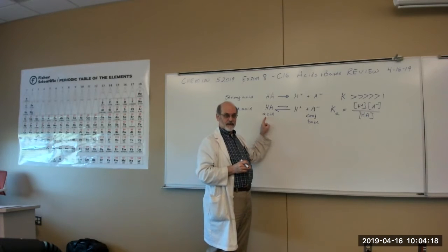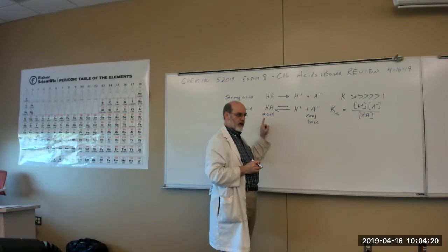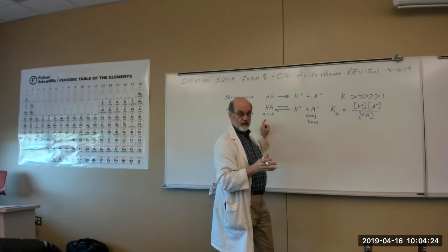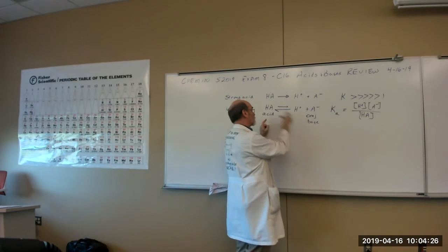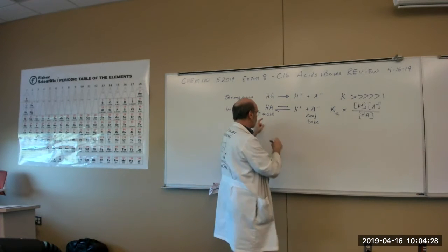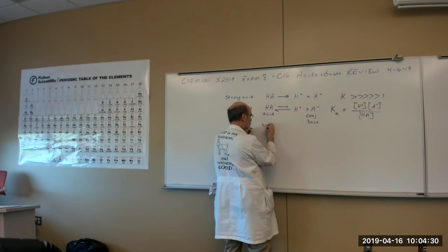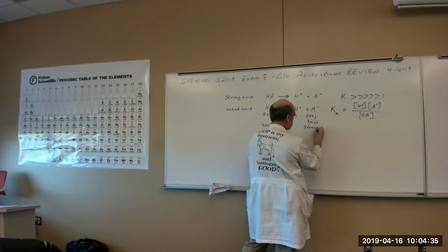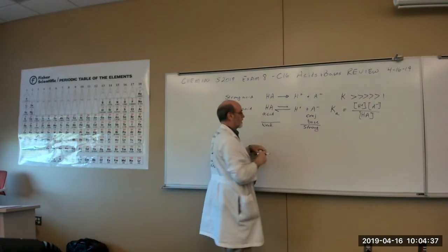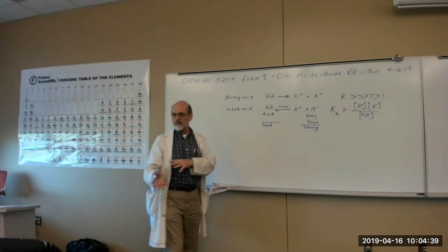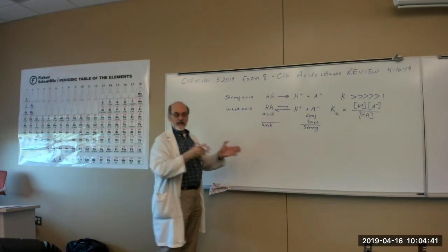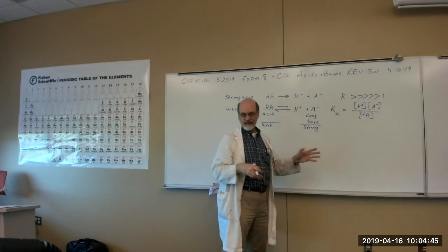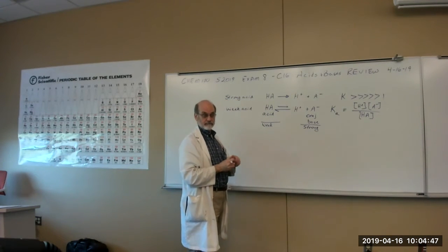So if it doesn't want to give up its proton, what if it starts over here? It has a strong attraction for protons because it wants to be here. So if this is weak, this is strong. Weak acids make strong bases. And the weaker the acid, the stronger the conjugate base.